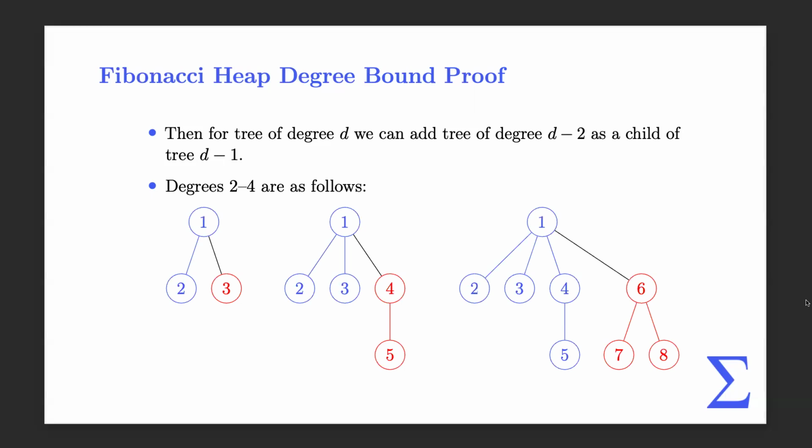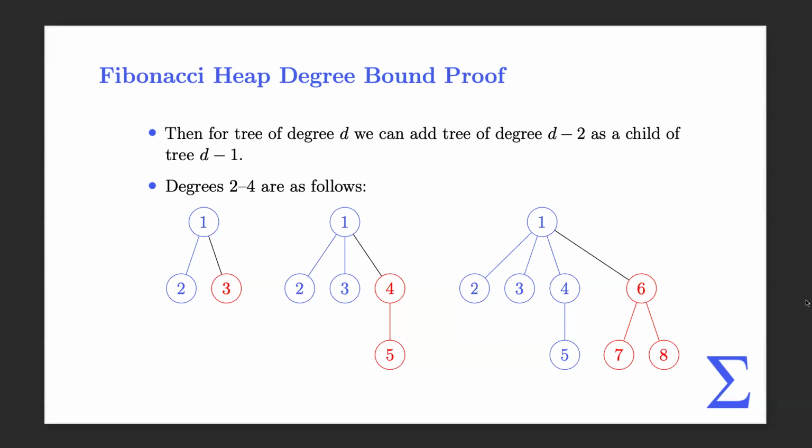This is a degree 4 tree, and I say it's the minimum because we've removed as many nodes as we can and it still classifies as a degree 4 tree. This is why we had the rule about marking a node when you remove something, because if we could remove more from this, then it's no longer a minimum. If we enforce a minimum size for this tree, that's where we can say this must have exponential growth.